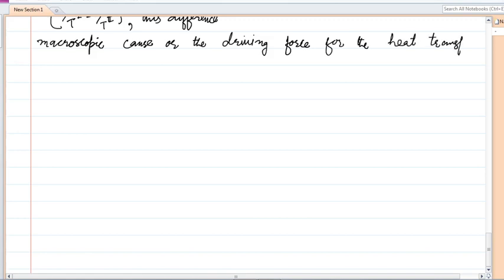Here you have to compare it with the equation J equals LX.